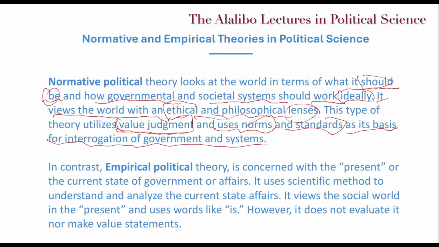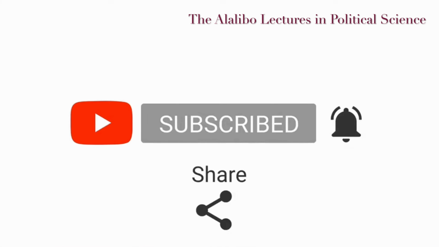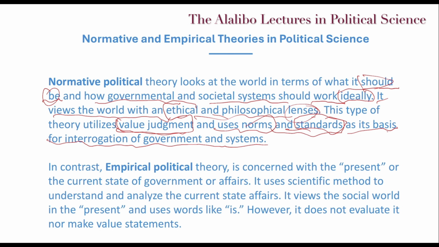That is really the norm, right? Again, not everybody does that, but most people do, and that is the norm. There's nothing unusual or controversial about that. Norms are expectations in society that have been established for a long time, and that goes with standards as well. The standard practice, the standard expectation is this, is that. So it uses norms and standards as its basis for interrogation of government and systems and society as well, right?